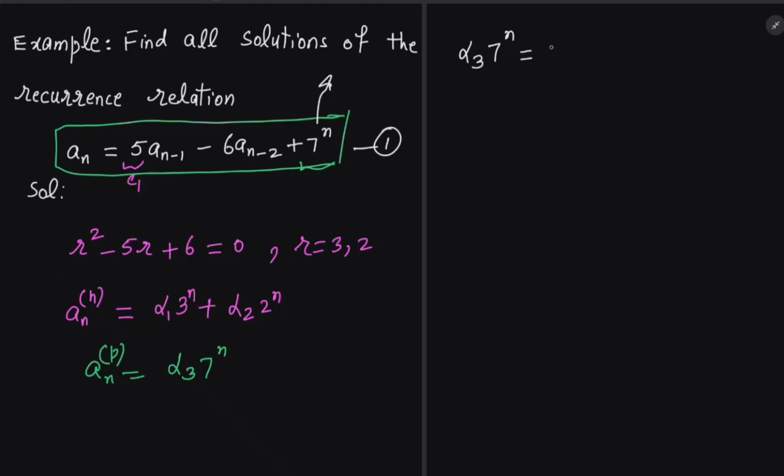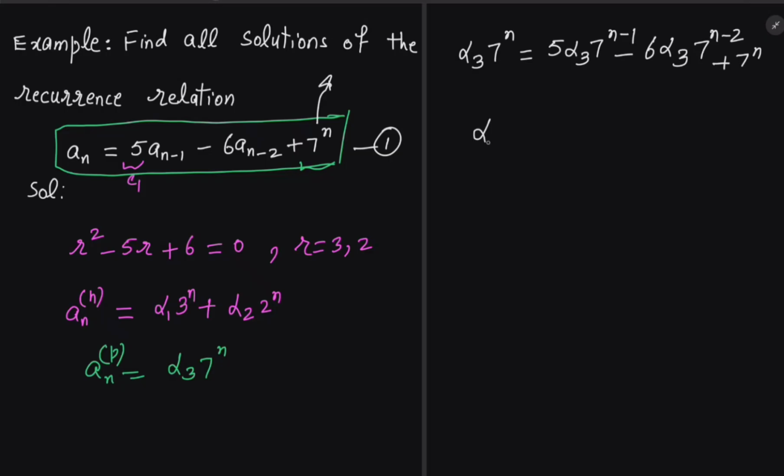So this is equal to 5 alpha 3 times 7 raised to power n minus 1, minus 6 alpha 3 times 7 raised to power n minus 2, plus 7 raised to power n. Here I have just put the values for the particular solution into equation 1.